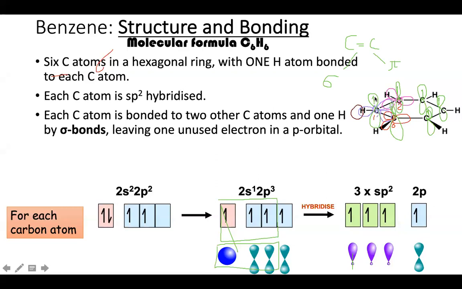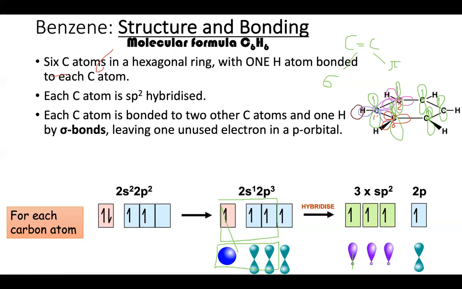You can imagine there's an electron here and another electron here from the other carbon, and you just need 2 electrons to form 1 pi bond. Since there are 6 electrons, 1, 2, 3, 4, 5, 6 electrons, in 6 p orbitals, they form 3 pi bonds. And as you know, there are 3 double bonds.